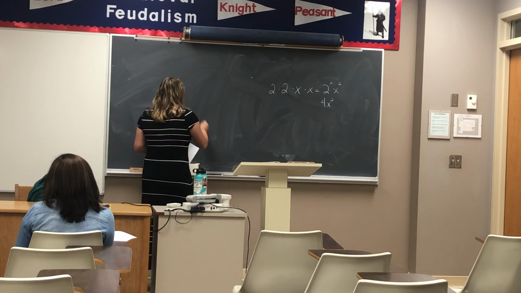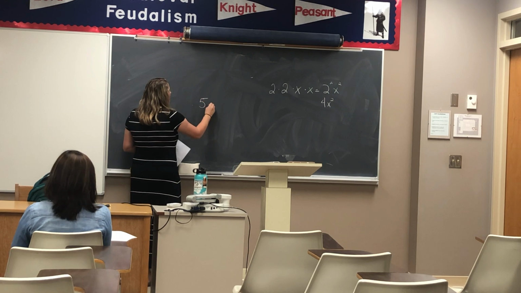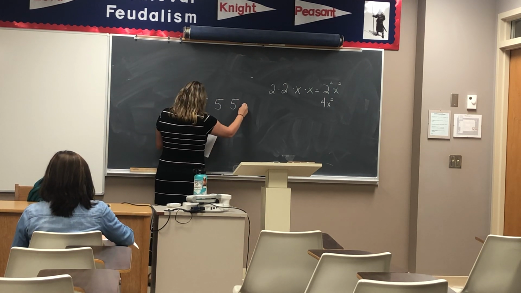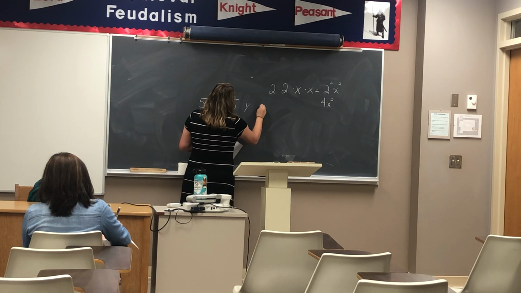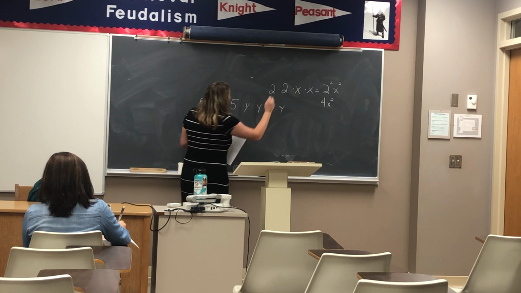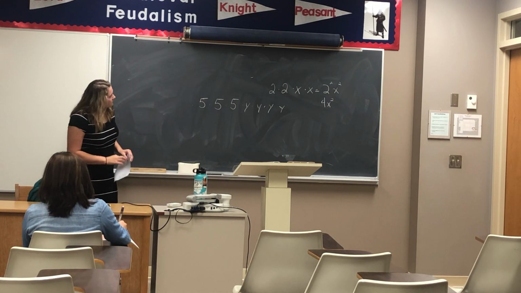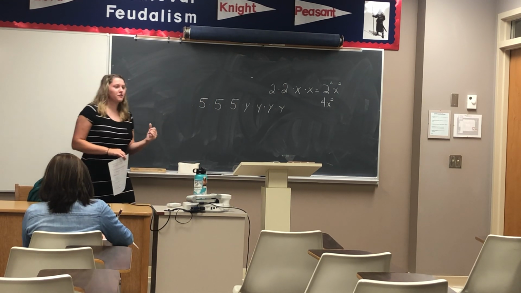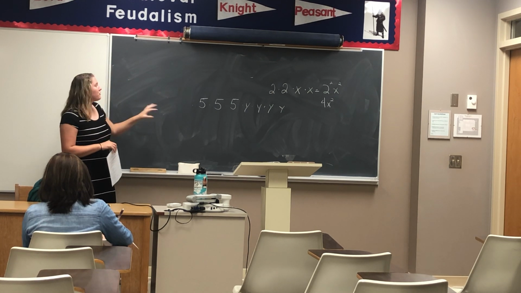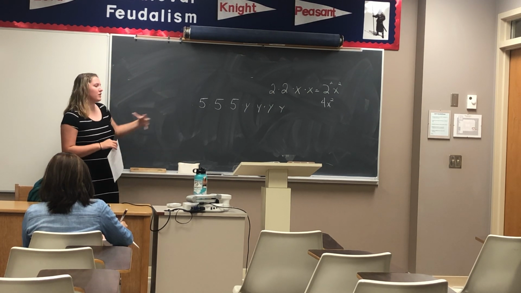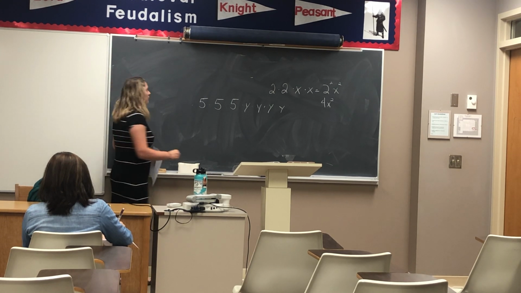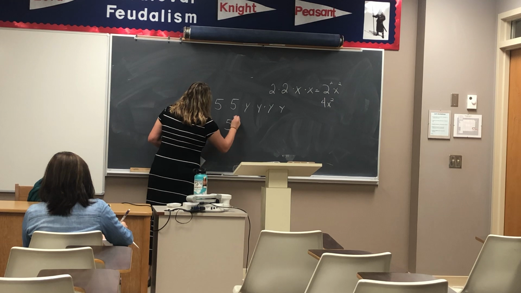Let's do another one. Write this down on your paper and do it with me. 5 times 5 times y times y times y times y. First things first, we're going to put this in our exponent form. Let's do those 5s. Tiffany, what do you have for the 5s? 5 cubed.